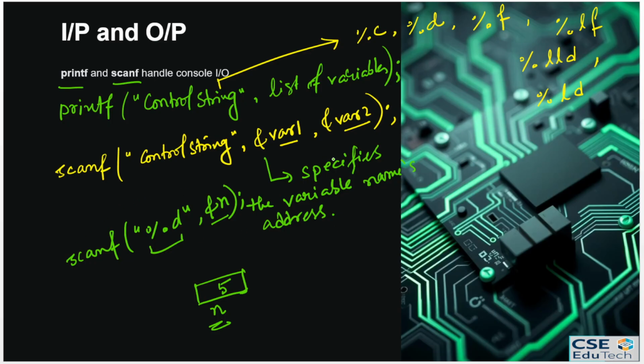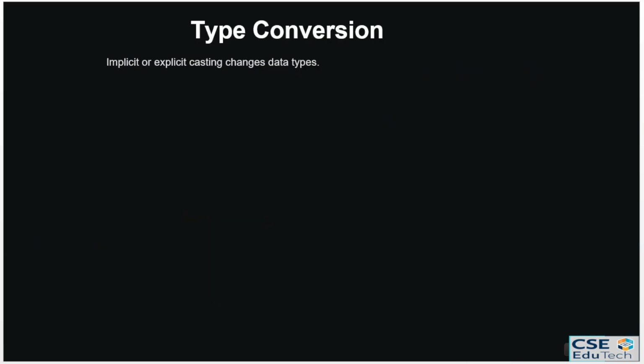Now we discuss type conversion. Type conversion is basically of two types: one is implicit, another is explicit conversion.